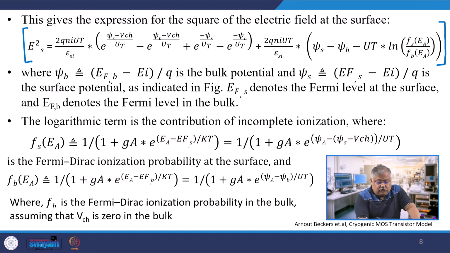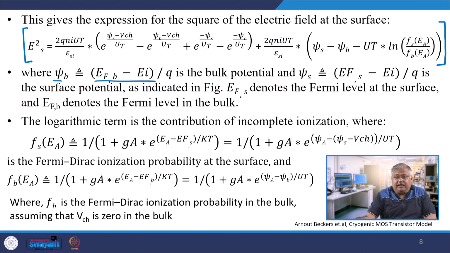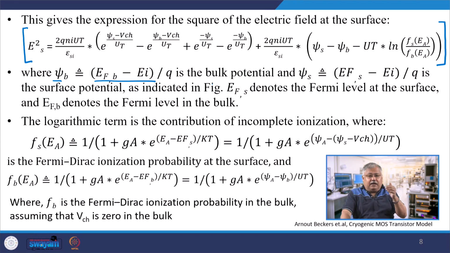I say psi b equals EFB minus EI. EFB is the Fermi level at the bulk, EI is the intrinsic Fermi level, and if we divide by Q, I get the potential in that direction. Similarly, for the surface potential, I take the Fermi level at the surface minus EI, the intrinsic Fermi level, divided by Q.